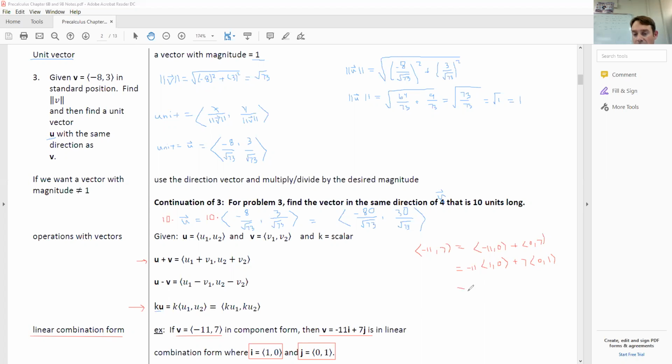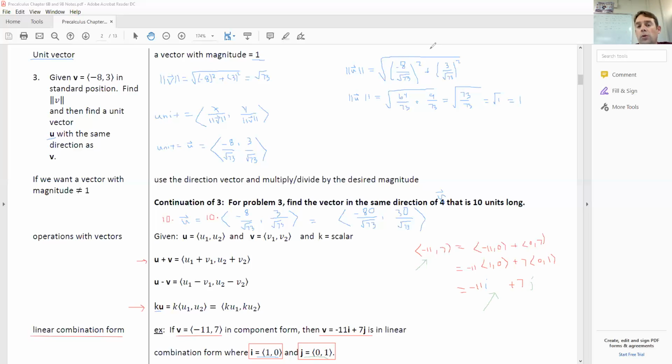So now I have negative 11 plus 7, and notice the vector i is the unit vector 1, 0. Notice i in this case is not the square root of negative 1. i is the unit vector. So negative 11i plus the j unit vector, which is 0, 1, j. So it'd be negative 11i plus 7j. Those say the same thing. We have one that's in component form and one that is called a linear combination. It's a combination of unit vectors.